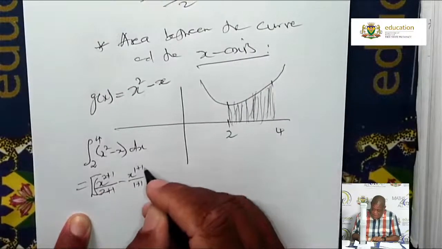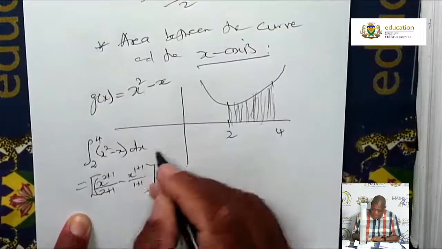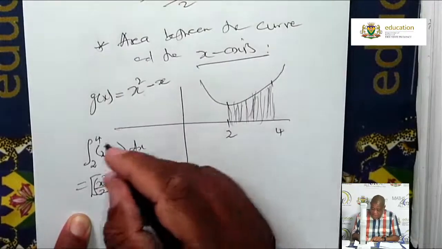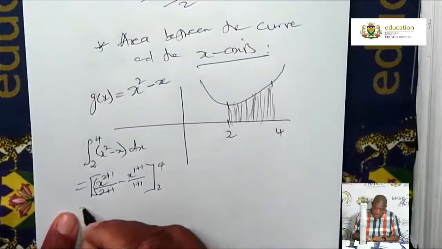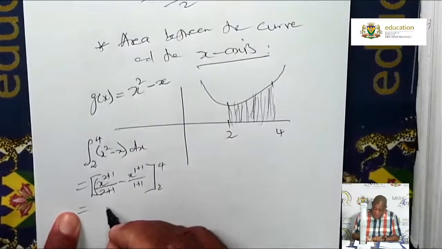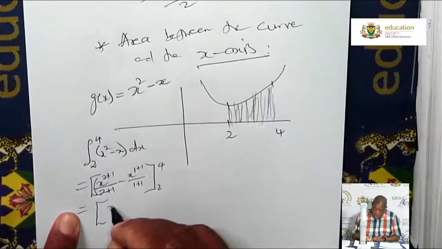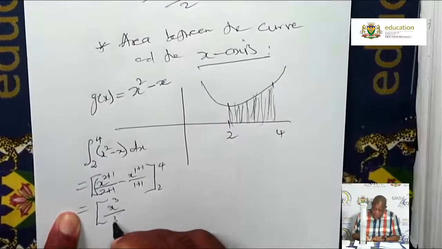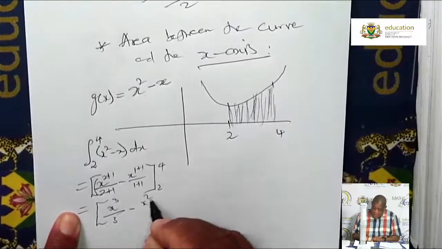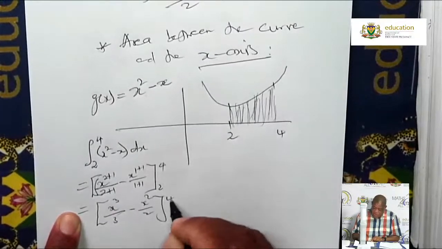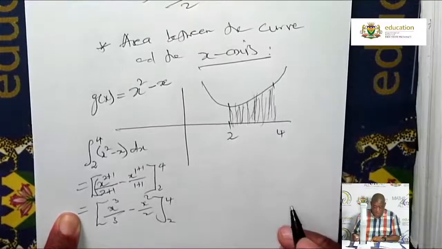Close the bracket there, and then have the upper limit and the lower limit. That is going to give you x to power 3 over 3 minus x squared over 2.